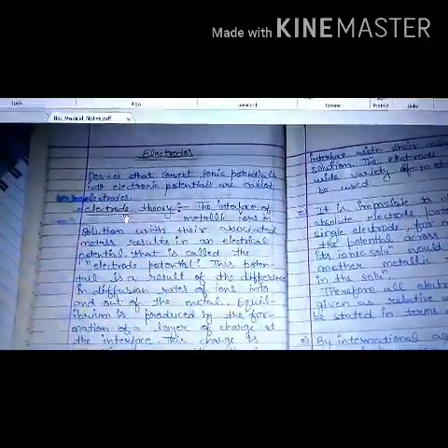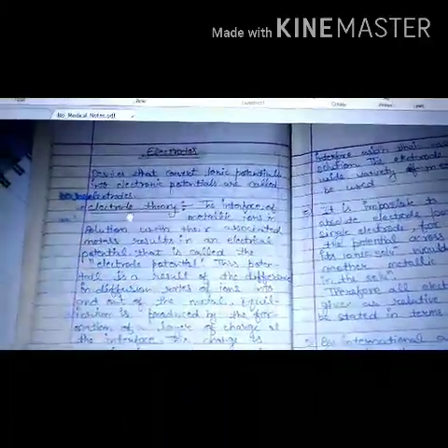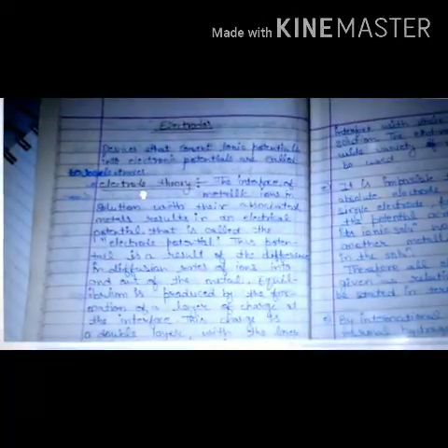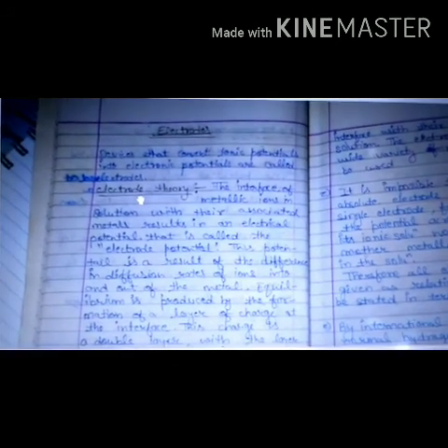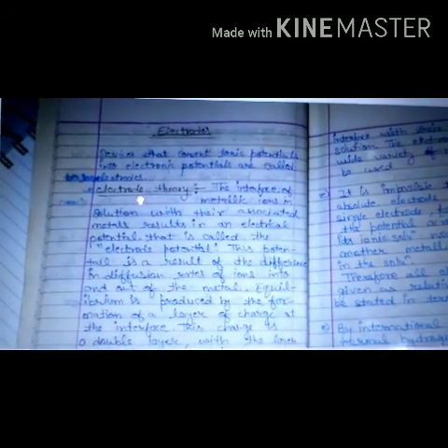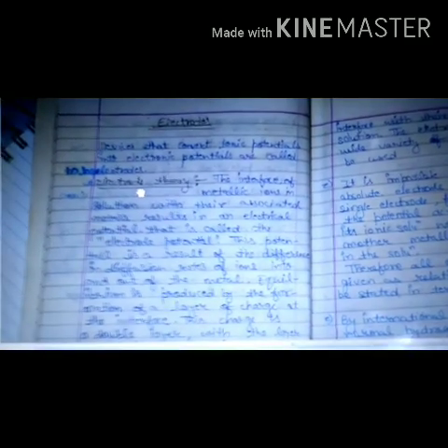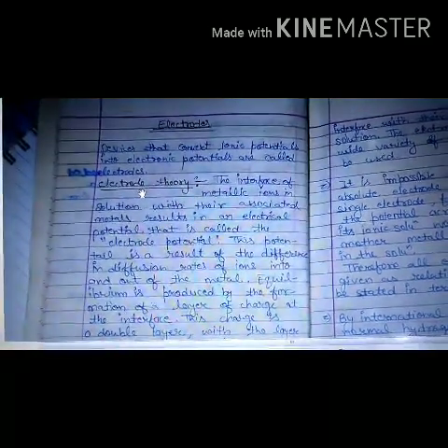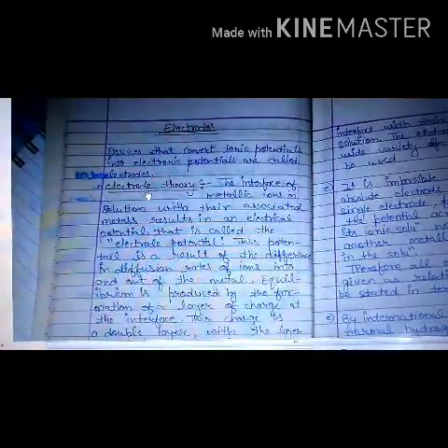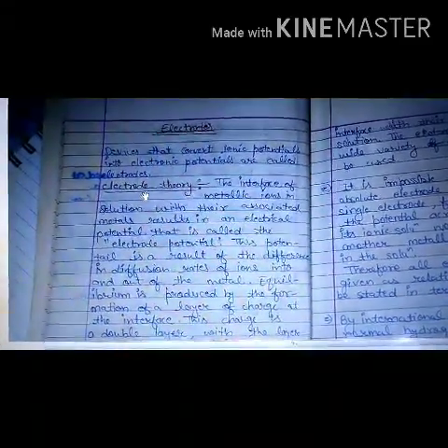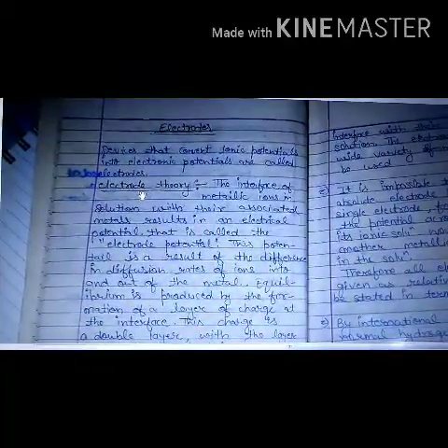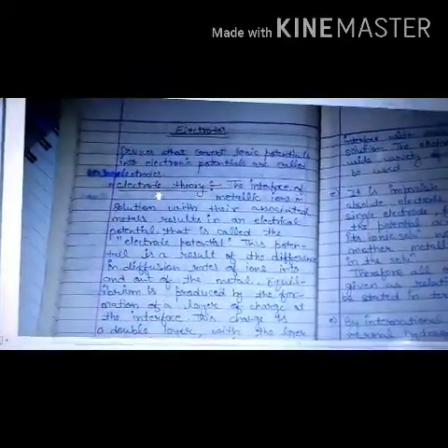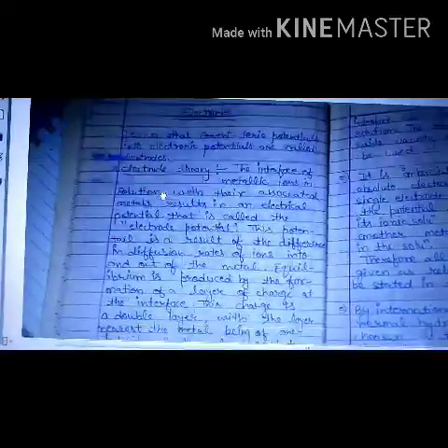So when the electrodes come in contact with the ionic liquids, they generate a potential which is known as electrode potential. This potential is a result of difference in the diffusion rates of ion in and out of the metal surface. Equilibrium is produced by the formation of layers of charge at the interface.